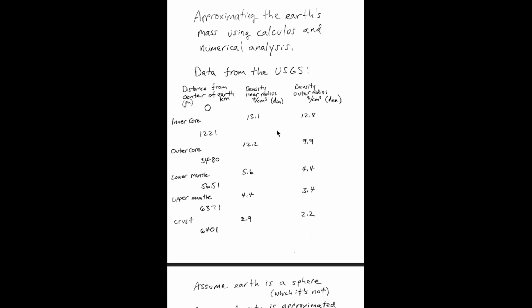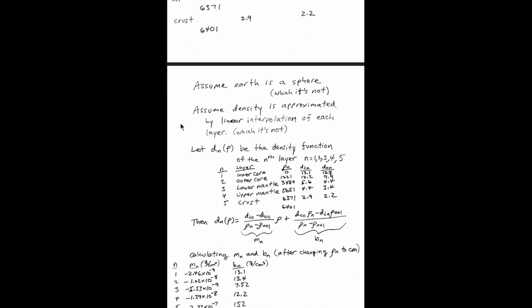Okay, well, armed with that, we're going to make a couple of assumptions. We're going to assume the Earth is a sphere, which it's not. It's kind of an ellipsoid of revolution, I think it's called. But in order to make this even possible, we're going to assume it's a sphere.